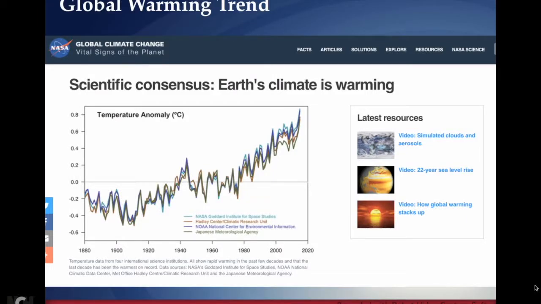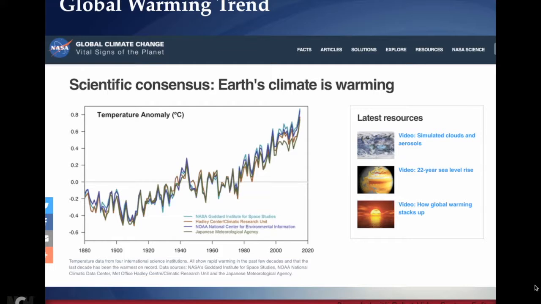This right here, if you go to this NASA website and you look at global climate change, you could see the warming trends going all the way back to the 1880s to the current time.